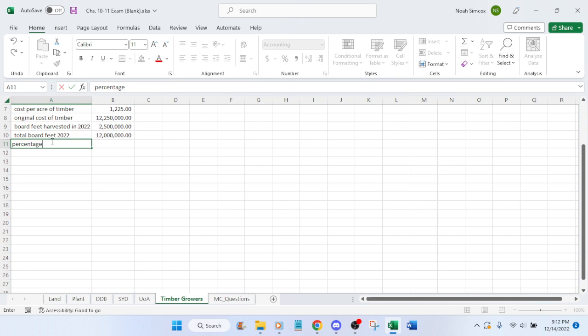Percentage depleted 2022 equals this divided by this. So depletion 2022 equals this times this.